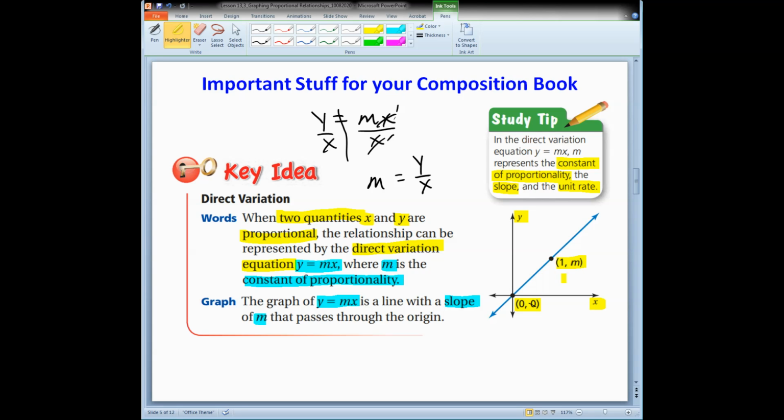If I take the coordinates of that point and put them in this formula, the x-coordinate would be 1, the y-coordinate would be m, and notice this is a ratio where my denominator is 1, and we call that, remember, a unit rate.